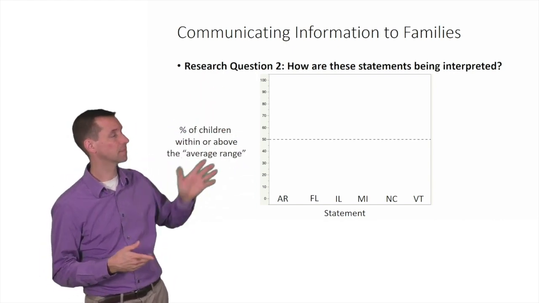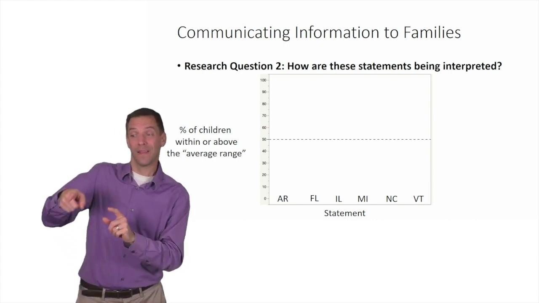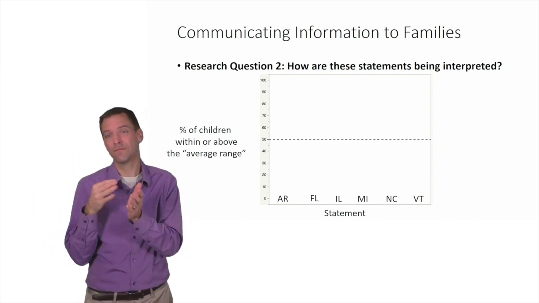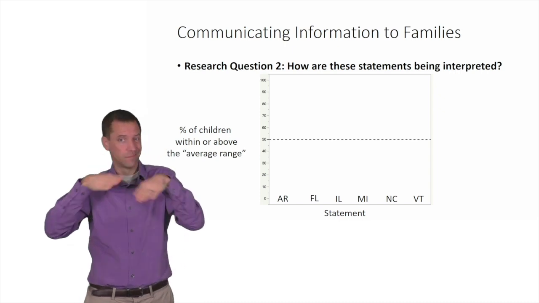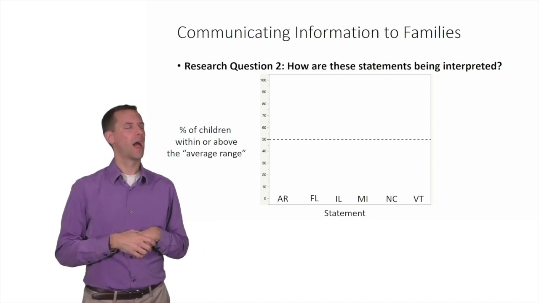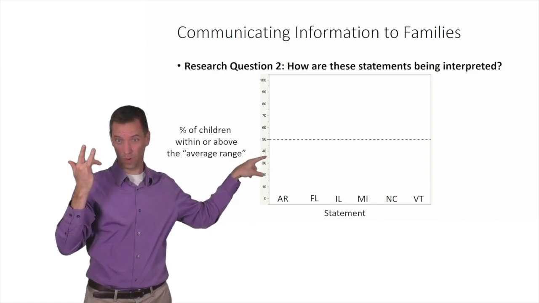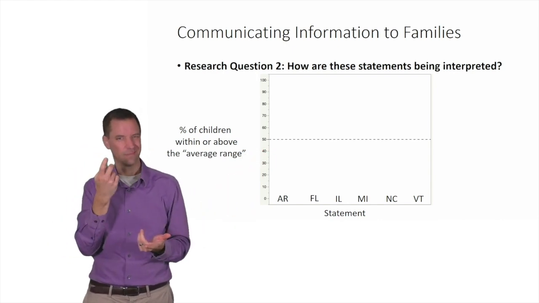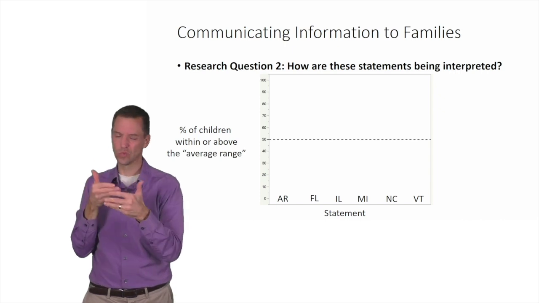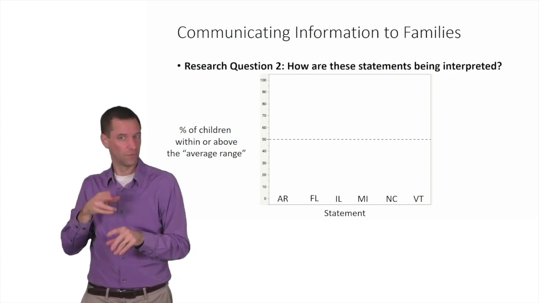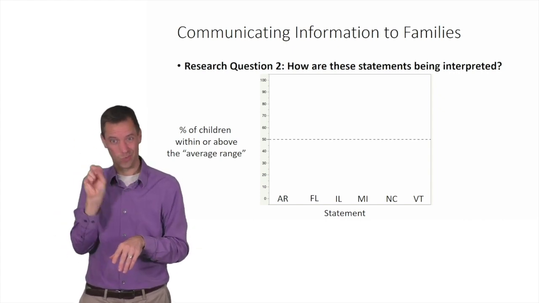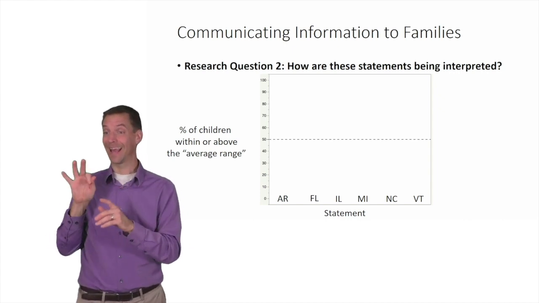So let me explain how this graph works. On the y-axis, this is showing how many people our participants believe will fall within or above the average range. The dotted line here at 50 is here because, as you saw recently, 50% is about the actual value that we're seeing in Australia and the US.